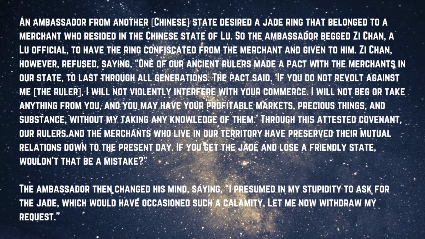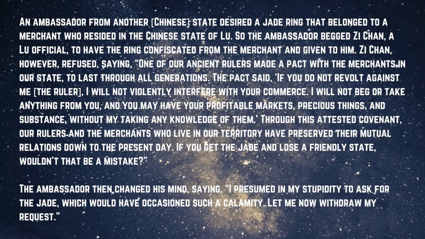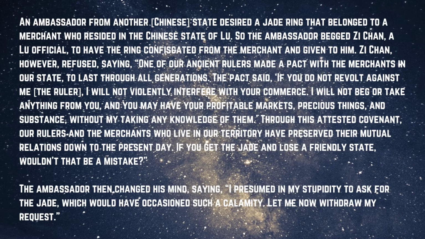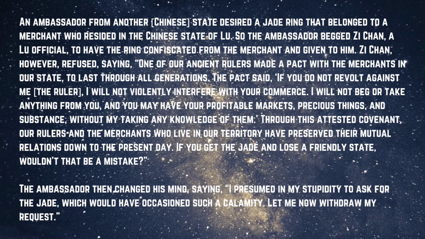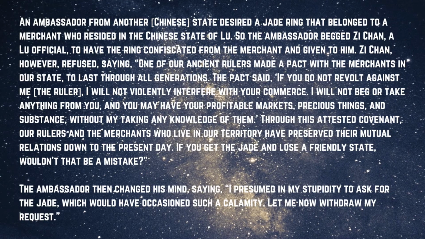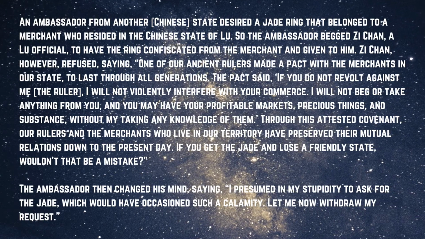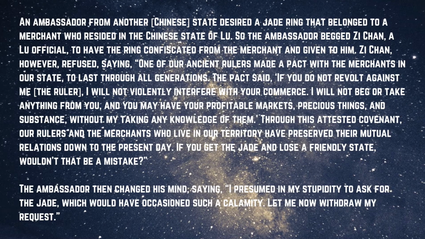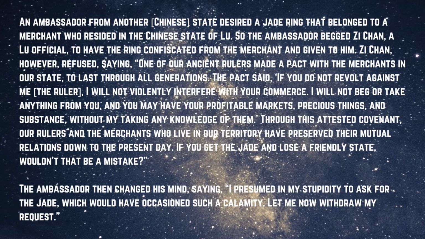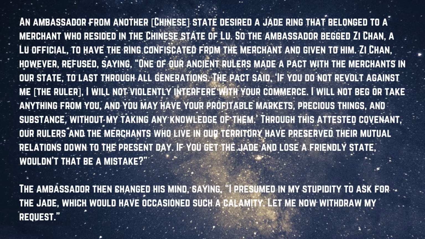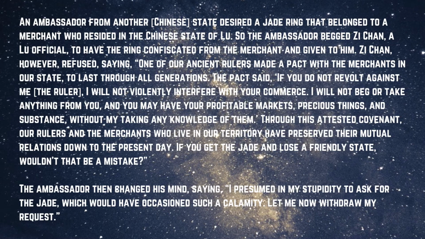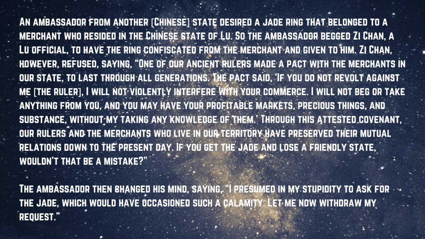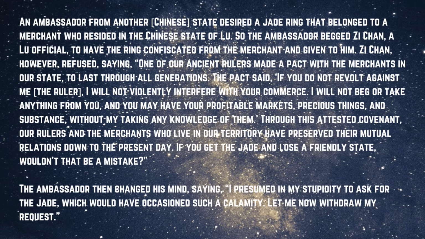I will not beg or take anything from you, and you may have your profitable markets, precious things, and substance, without my taking any knowledge of them. Through this attested covenant, our rulers and the merchants who live in our territory have preserved their mutual relations down to the present day. If you get the jade ring and lose a friendly state, wouldn't that be a mistake?' The ambassador changed his mind, saying, 'I presumed my stupidity to ask for the jade, which would have occasioned such a calamity. Let me now withdraw my request.'"